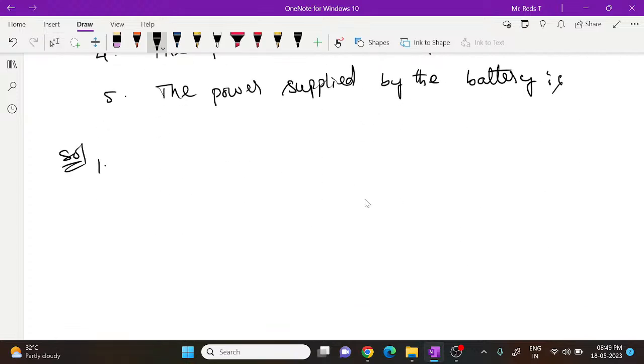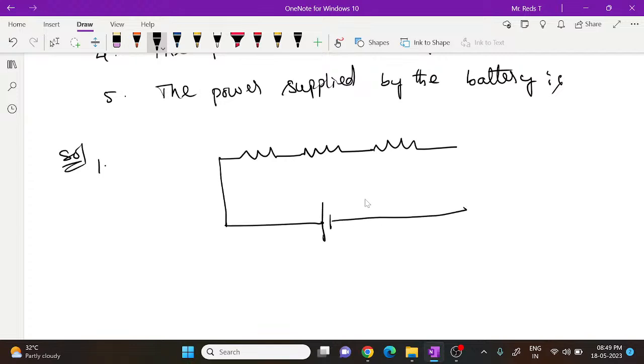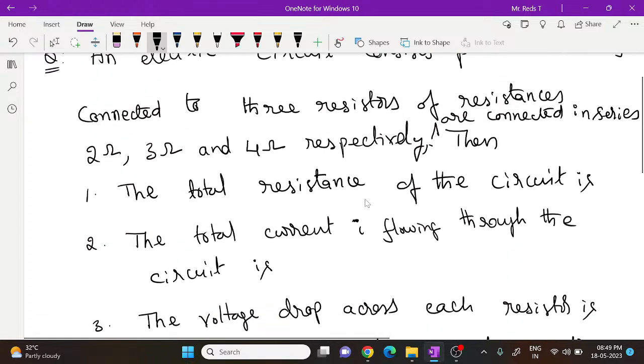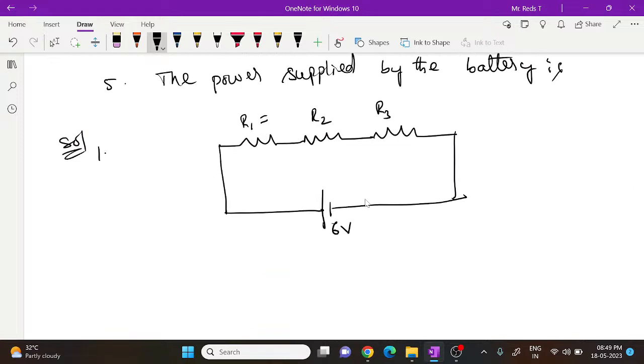First resistor, second resistor, third resistor are connected in series to a battery of potential difference 6 volts. Let us say these are R1, R2, R3: R1 is 2 ohm, R2 is 3 ohm, R3 is 4 ohm respectively.